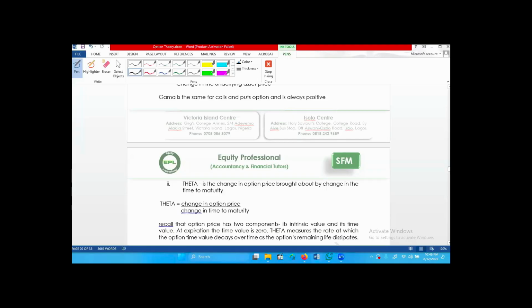Theta is calculated as change in option price divided by change in time to maturity.